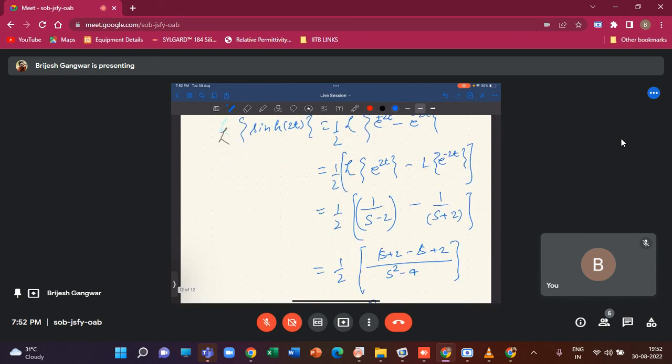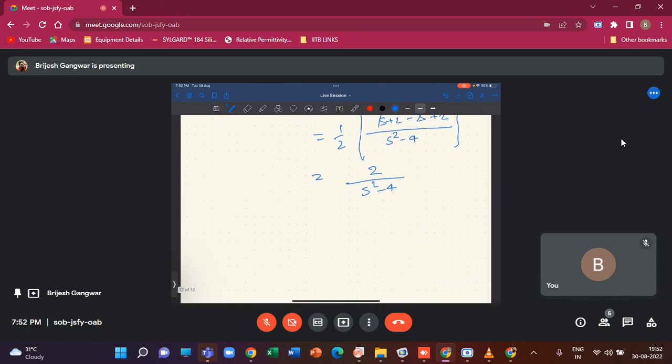Now we are applying the property of Laplace of integration 0 to x of sine hyperbolic 2t dt.